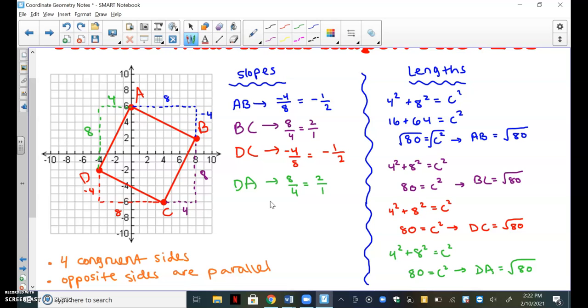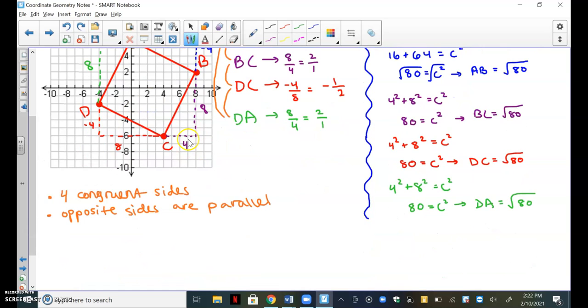But what else we can say is that there are right angles. And the reason I say that is because AB and BC, those are opposite reciprocals, right? -1/2 to 2/1, that is an opposite reciprocal. These two are an opposite reciprocal. These two, and also AB and DA. So like these two, these two, these two, and these two.